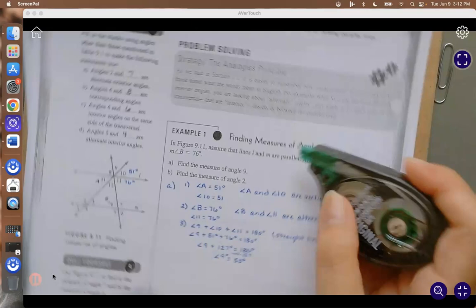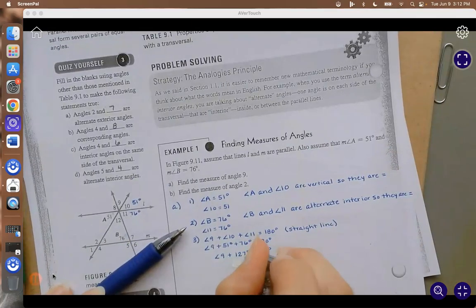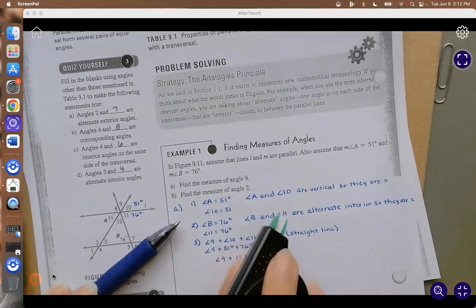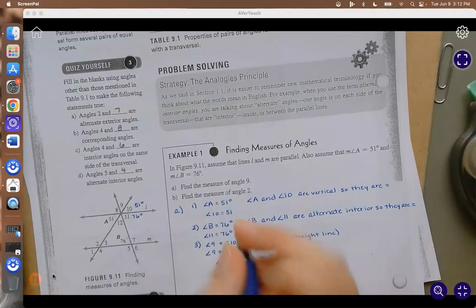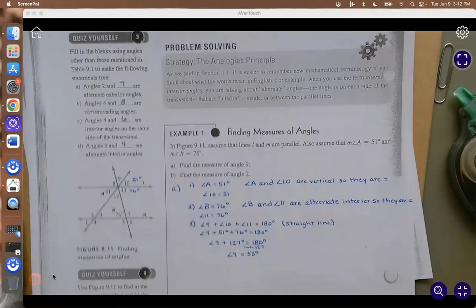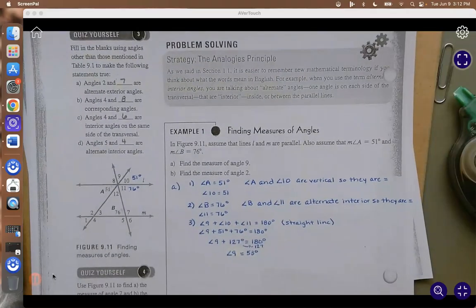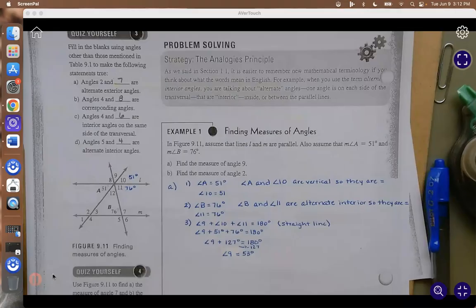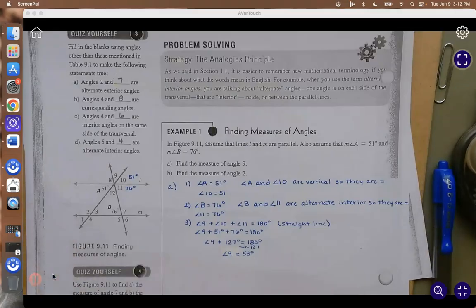Let me move this 9 down a little bit. Okay. All right, cool.